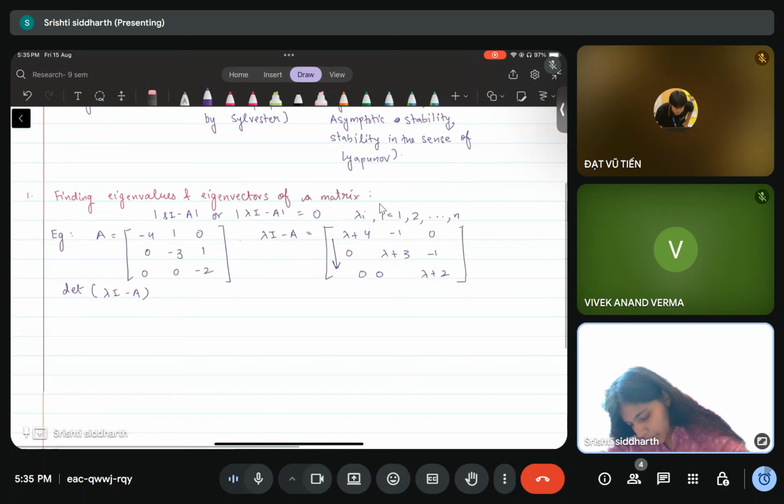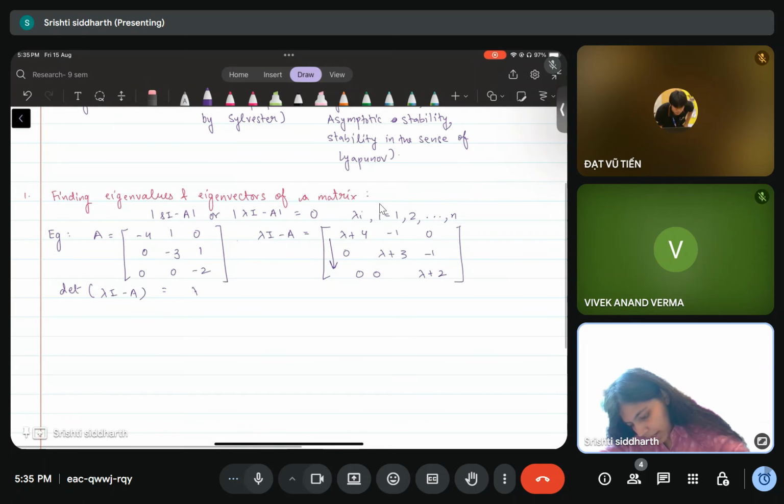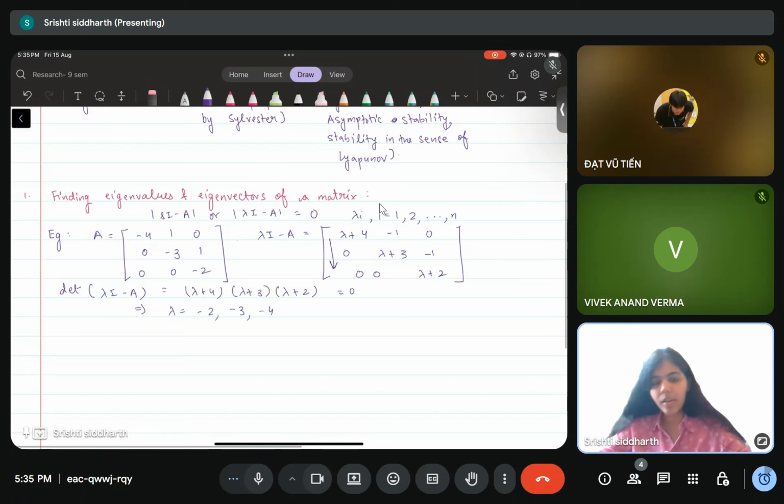This is simply going to be lambda plus 4, lambda plus 3, and lambda plus 2. Equated to 0, we get 3 distinct eigenvalues: -2, -3, and -4.